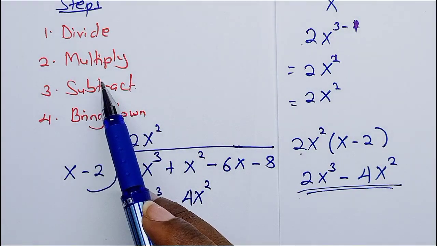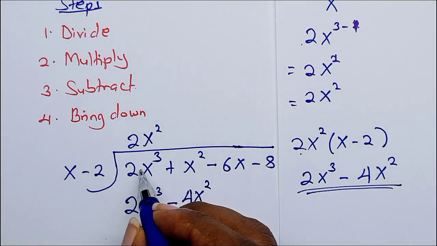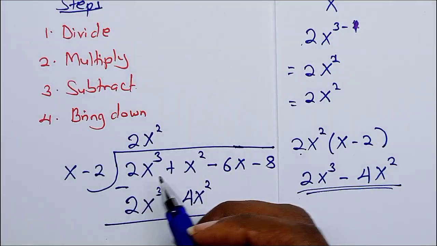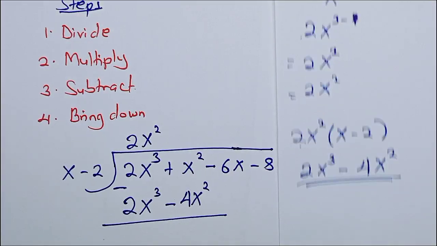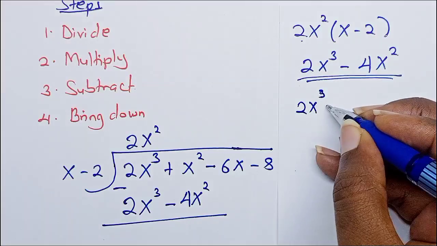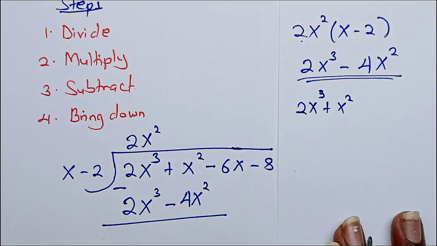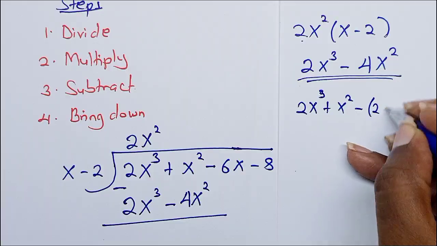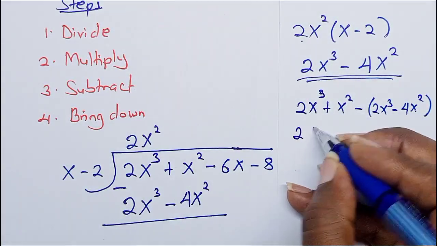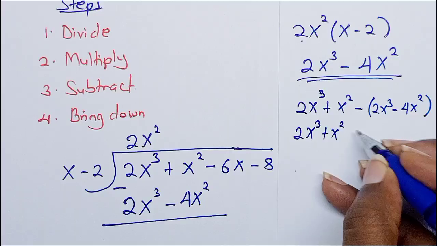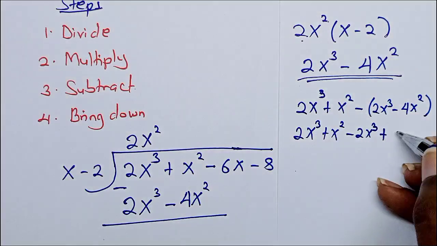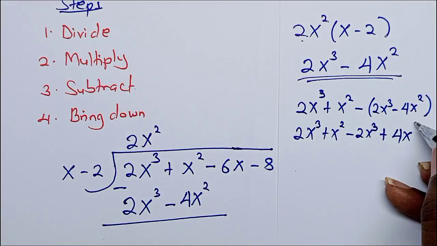The next step is to subtract. So we subtract this and this. Okay, so we shall have 2x cubed plus x squared minus (2x cubed minus 4x squared). So this becomes 2x cubed plus x squared minus 2x cubed, then this becomes positive plus 4x squared.